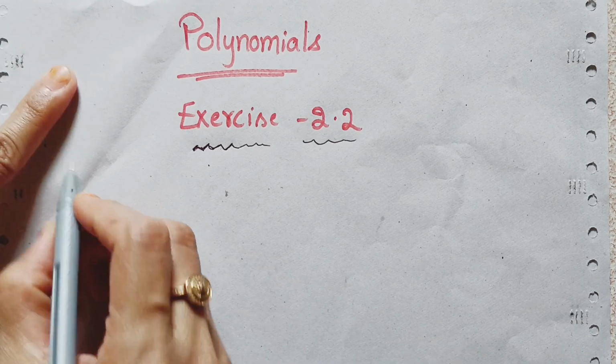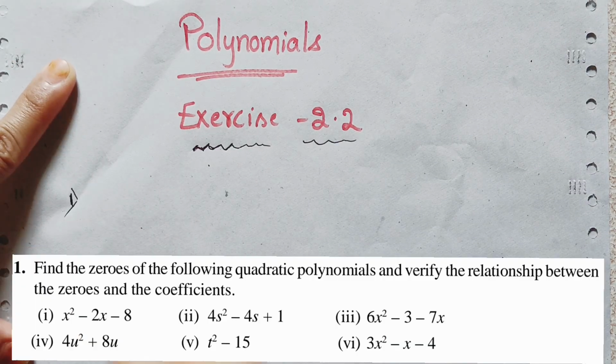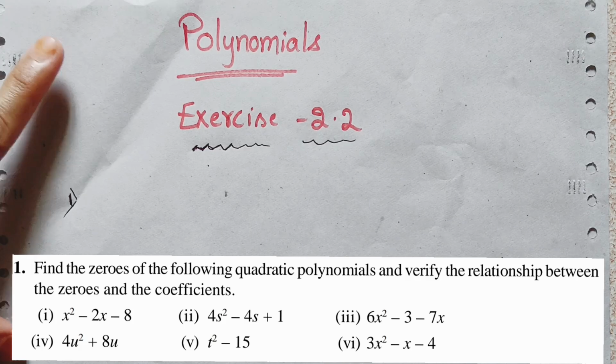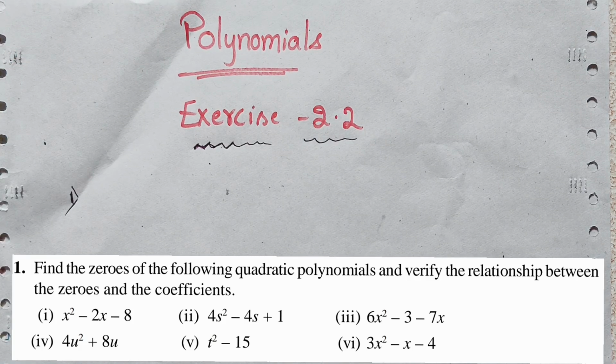So let us see the first problem. Let's see the question here. Find the zeros of the following quadratic polynomial and verify the relationship between the zeros and the coefficients. Here some polynomials are given. So what we have to do is find out the zeros of the given polynomial, and then verify the relationship between the zeros and the coefficients.